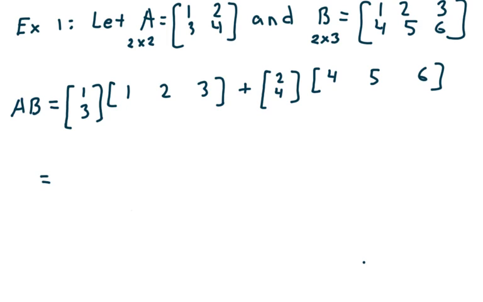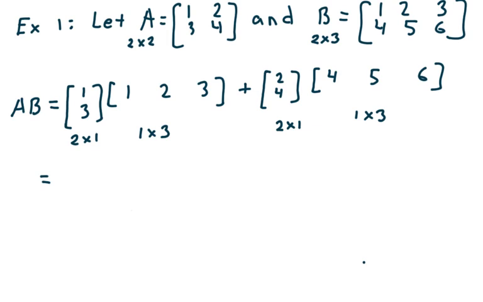The matrix 1, 3 is 2 by 1. The matrix 1, 2, 3 is 1 by 3. So when I multiply those two matrices, I should get a 2 by 3 matrix. And same thing here, right? The matrix 2, 4 is 2 by 1. The matrix 4, 5, 6 is 1 by 3. So the result should then be a 2 by 3.